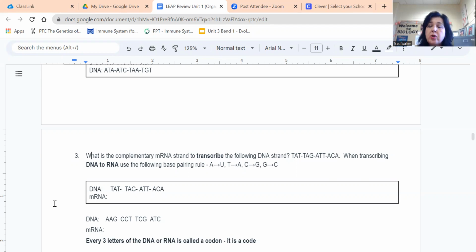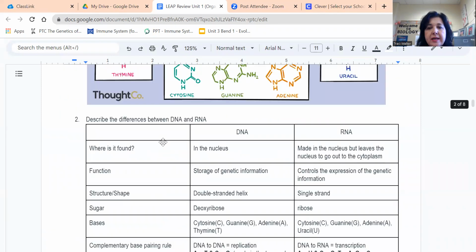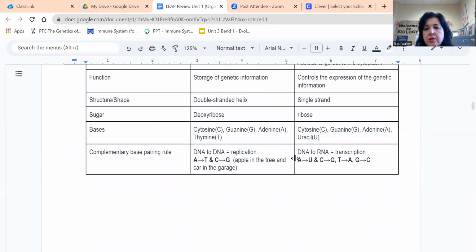And now remember, whenever DNA is making RNA, we have a different base pairing rule. And so you'll see, if you'll remember back here in our chart, when DNA is going to RNA, this is called transcription, and we have a little bit different code. And you will need to remember this code. You need to commit it to memory, because on the LEAP, they won't give you this information. They expect you to know it.